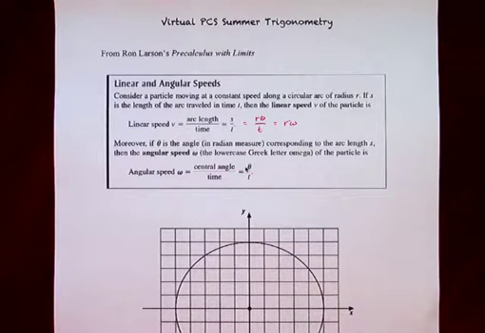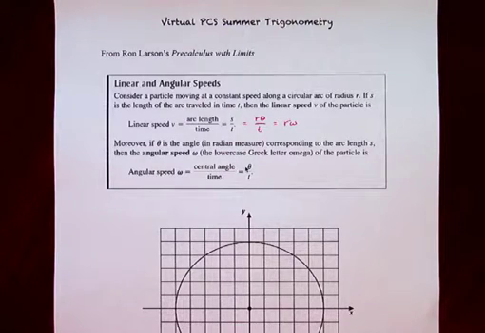Now, if you think about it, if you can measure a distance, and that distance is traveled in a period of time, then, if you can measure miles, then you can also measure miles per hour, okay? So all we're doing is we're taking arc length, which was r times theta, and talking about it in terms of a measurement of time.